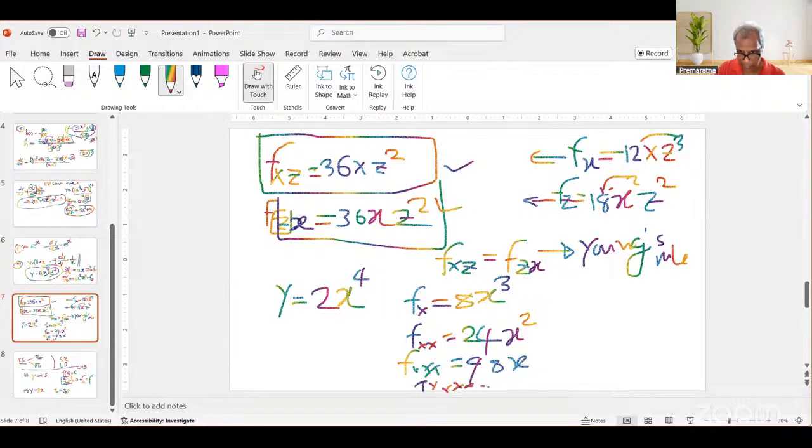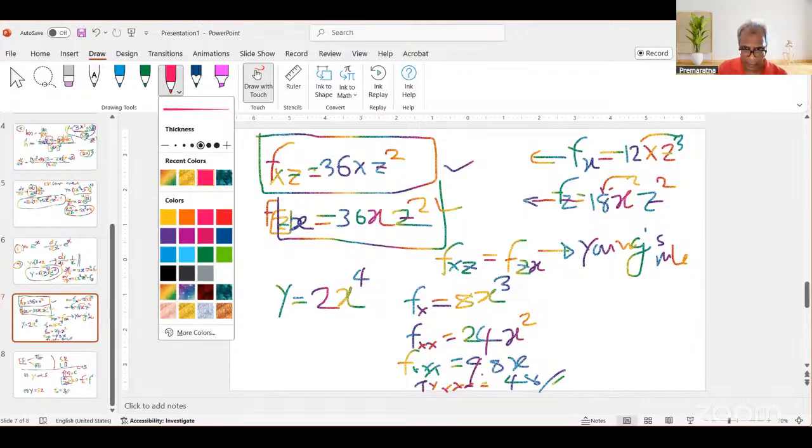So the answer becomes 48. You can see different orders based on the power you can differentiate. They are one of the important things to highlight.